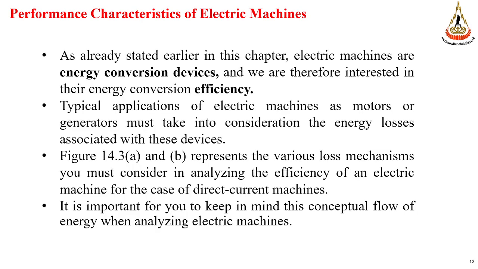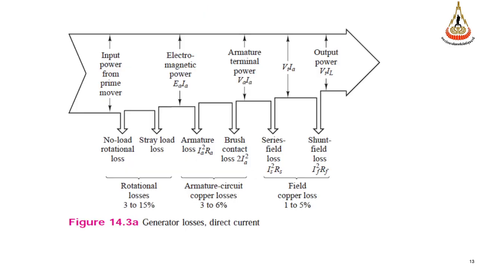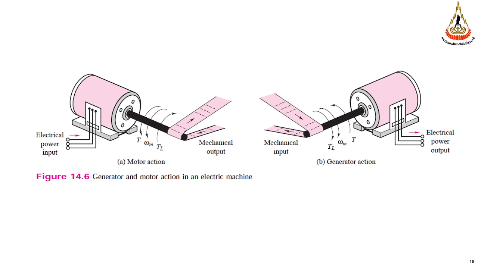So the performance characteristics of an electric machine can be calculated from energy conversion and efficiency. What we are interested in when we consider the use of this type of machine is efficiency. What is efficiency? It is P output divided by P input, multiplied by 100.